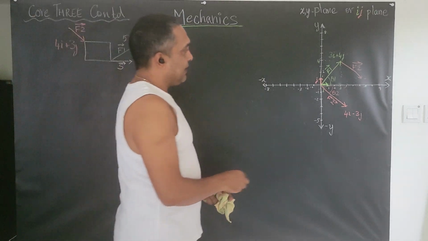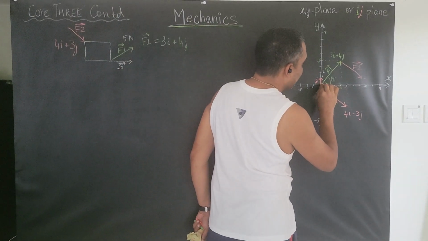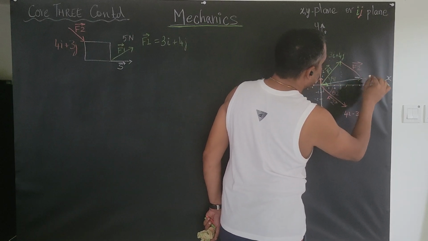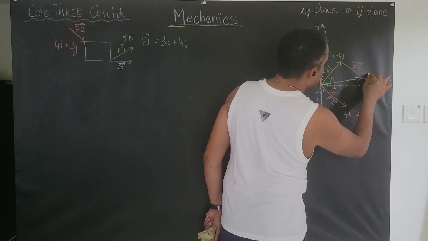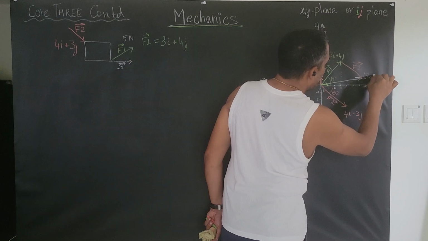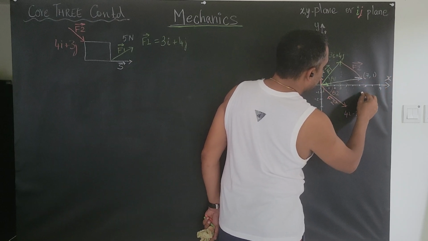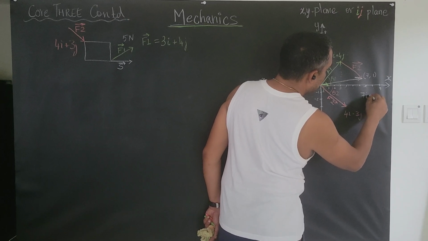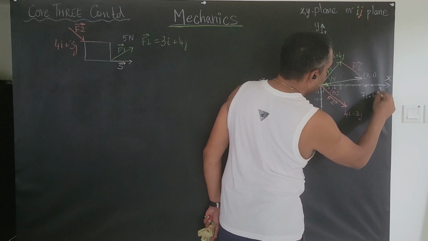Which would then let me write a new vector here as the resultant vector, but this one would be at coordinate 7, 1, which means that resultant vector is 7i plus 1j.